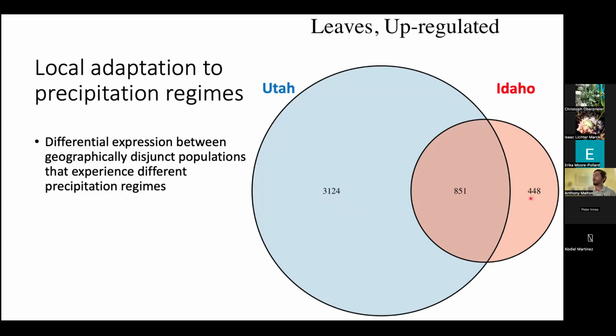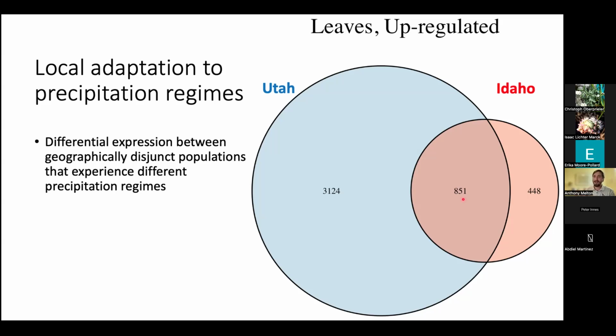And we only had about 448 that were unique to Idaho, about 850 across all the different groups that were shared among both the Utah and Idaho. And so this was a result that was pretty consistent across all the comparisons for leaf and root tissue, up, down regulated. We always saw that the Utah seedlings had much bigger transcriptomic response than the seedlings from Idaho.